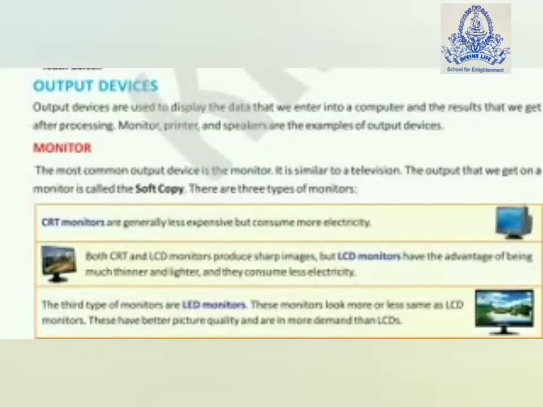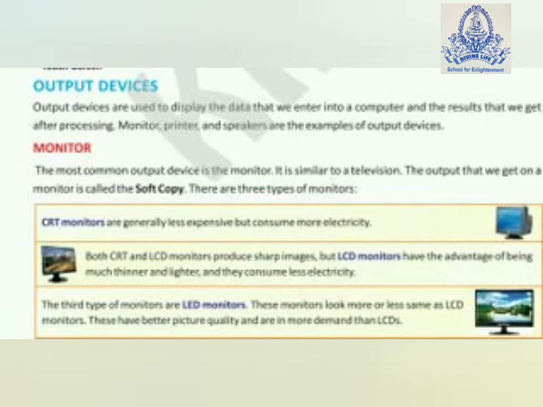Thank you. Okay, dear friends, now we are going to discuss output devices. When we give input to a computer, it is processed by the processor and gives the desired output, which is given through output devices. Some examples of output devices are monitor, printer and speaker.